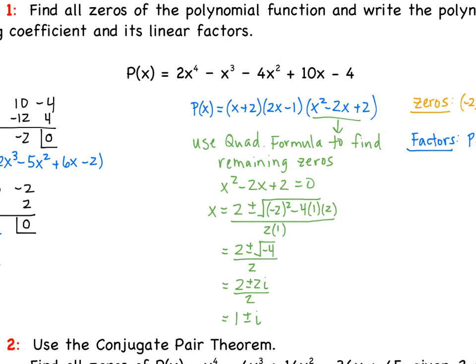Now, where did I get this 2x minus 1 as a factor? Let's do a little side note. If we had x equals 1/2, I don't want to say x minus 1/2 is our factor, which is typically what we would say, but we want integer coefficients. I notice here that we have a denominator.